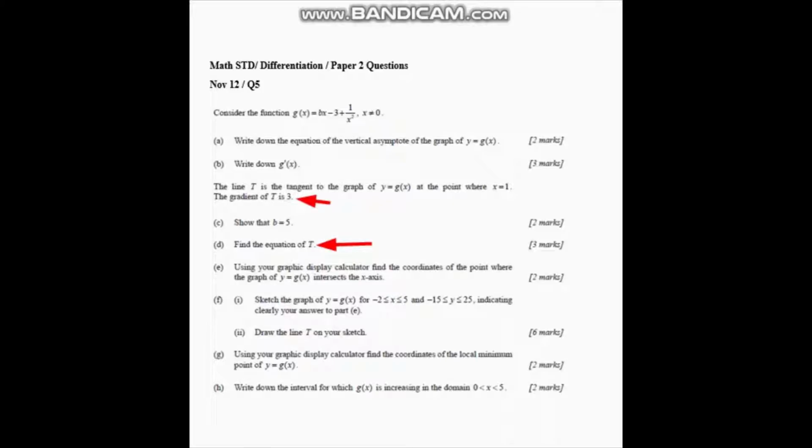So we know that the tangent intersects the graph at the point where x equals 1. What remains for me to do is to find the corresponding y value for x equals 1. This is found by plugging 1 into the original function, noting that I now have the value of b, which is 5.